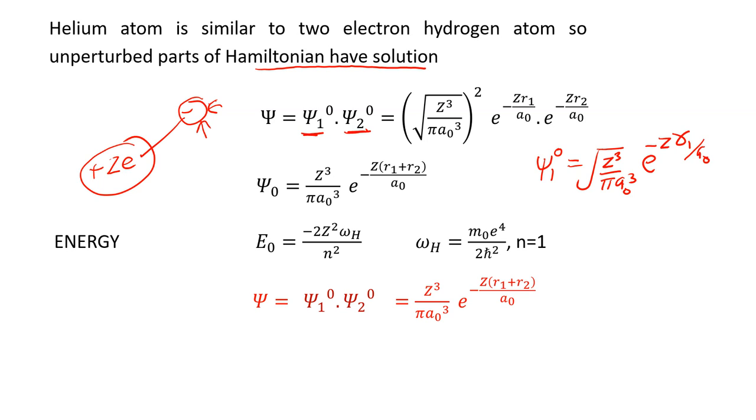Since it has two electrons, the wave function is the product of the wave functions of the electrons. And the energy corresponding to the unperturbed Hamiltonian H naught is given by the solution of the Schrodinger equation of hydrogen atom: E naught equals minus 2Z squared omega h upon n squared, where omega h is equal to this.